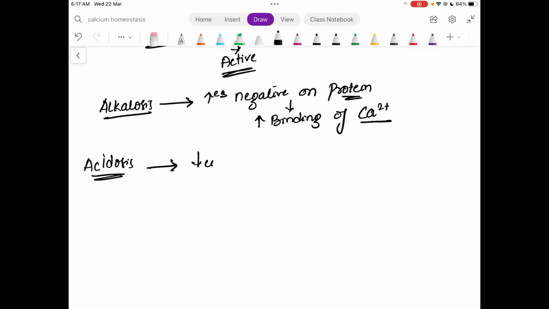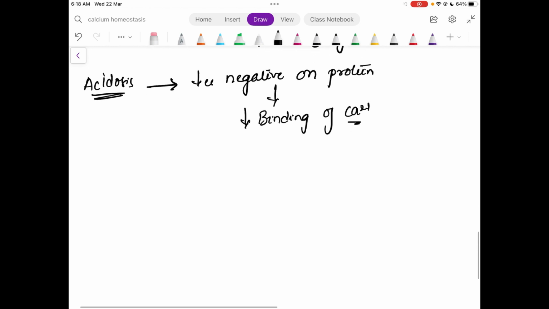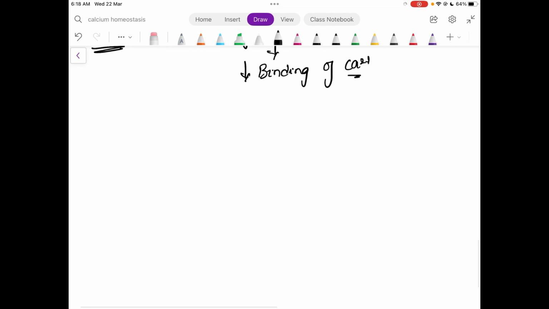And in acidosis, it decreases negative charge on protein. It decreases binding of calcium to protein. Binding of calcium to protein is decreased in acidosis. We should know about these two conditions also.